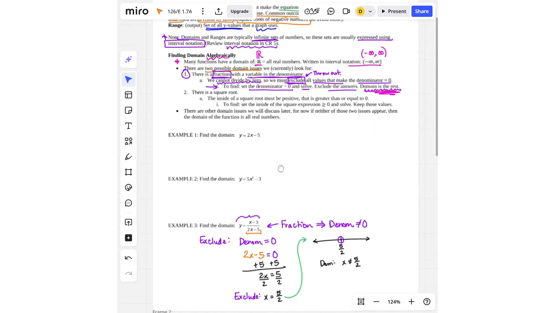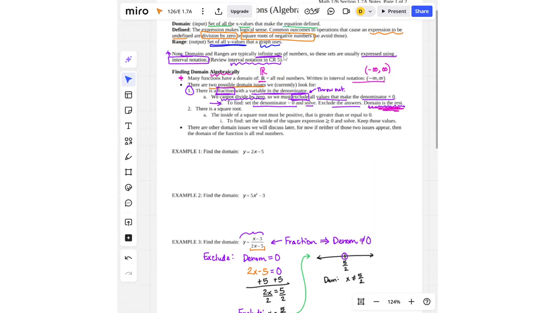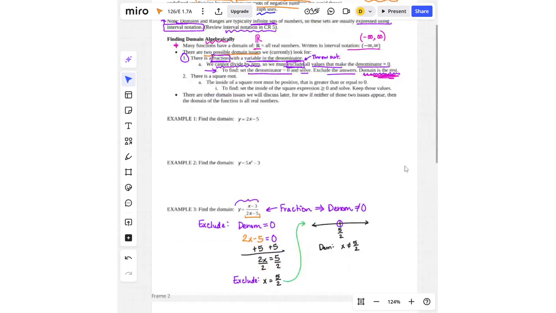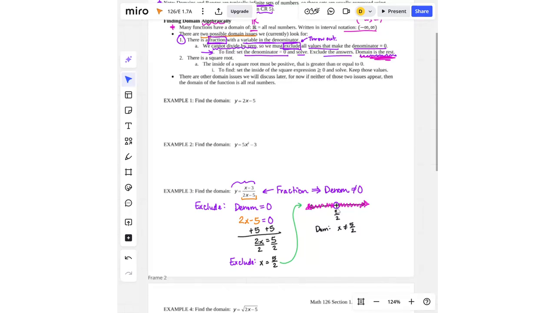And so remember, we're going to express our domain in interval notation, right? So drawing this on the number line, because x can be anything else, I'm going to shade everything to the right of 5/2, and I'm also going to shade everything to the left of 5/2, because x can be anything except for this 5/2 we're jumping over.